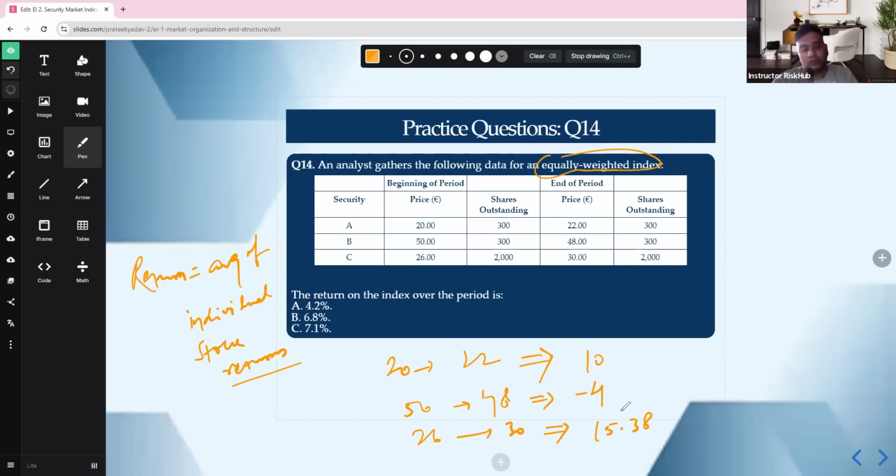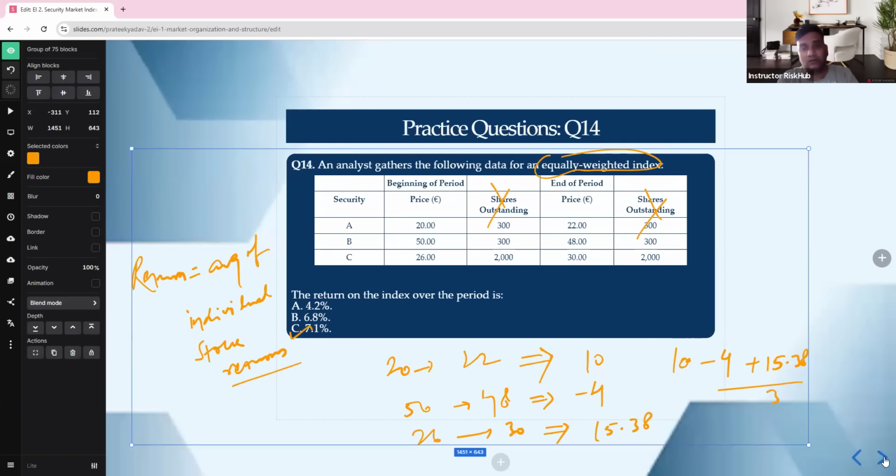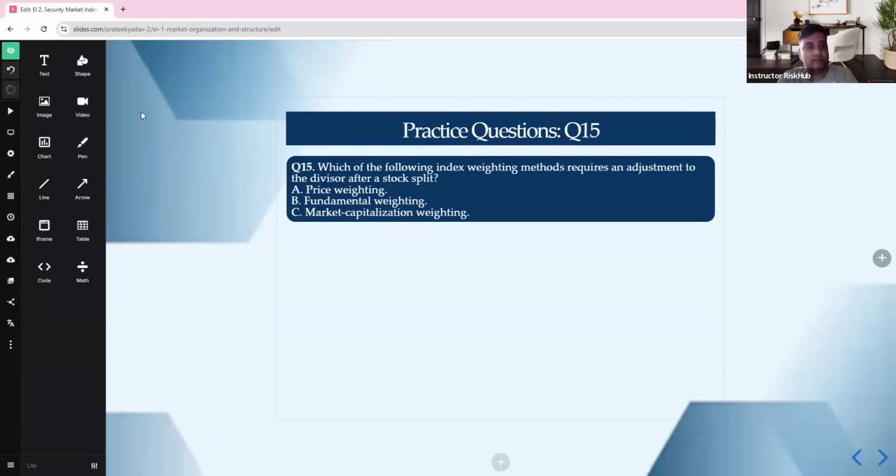Now just do it: 10 minus 4 plus 15.38 divided by 3 is 7.1. So the answer is C. So for equal weighted, ignore your shares completely. Don't bother about that. Very, very simple, right? You have to remember how each thing is done, guys. This is the whole idea here.